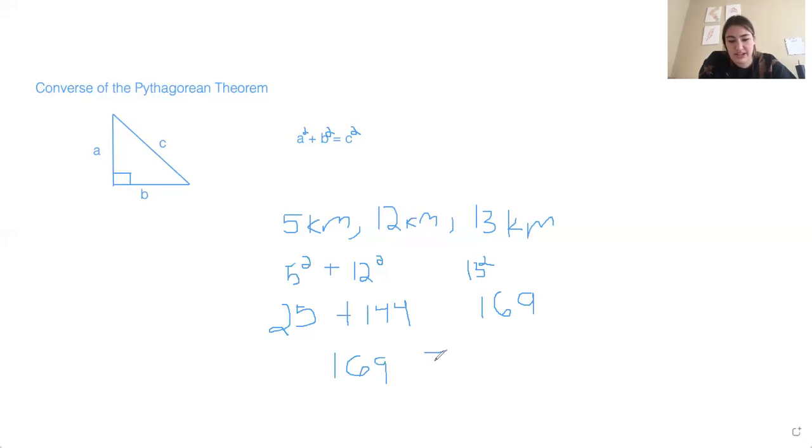So, which equals 169. So this is a right triangle. So do you see how it does work and it doesn't work? We're going to do a few more examples, but in this case, a triangle with these side lengths would be a right triangle.